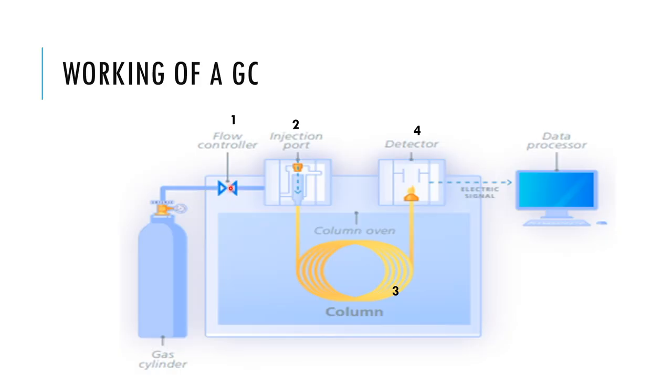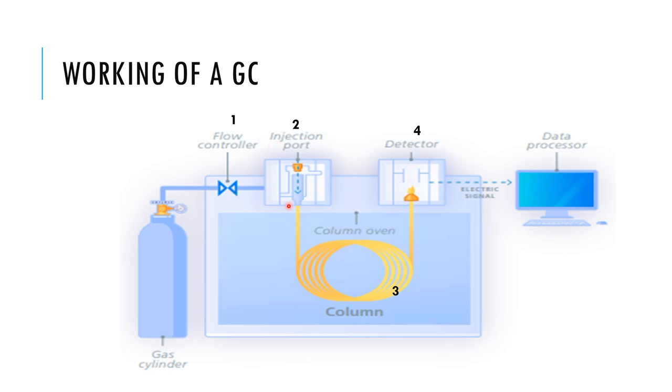If the flow rate is low, the GC will automatically switch off, because running a GC without flow might harm the detector and also the column. In the oven a higher temperature is maintained, so when it is heated and there is no gas flow, it might harm the column. So we should ensure that the gas is always switched on first, before switching on the GC.